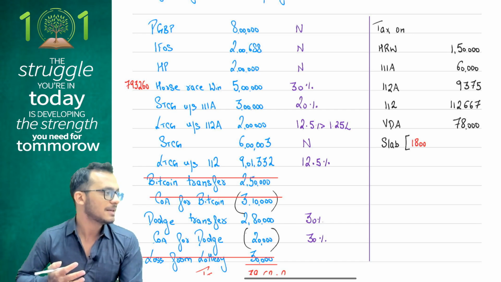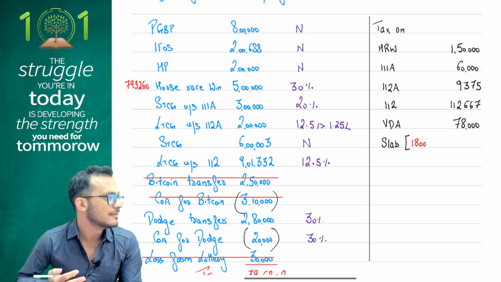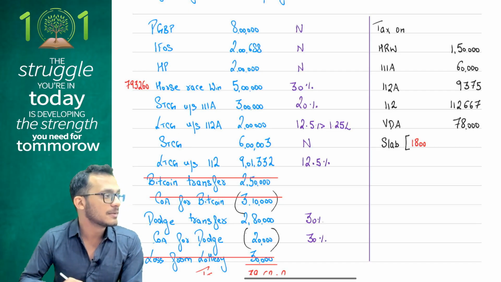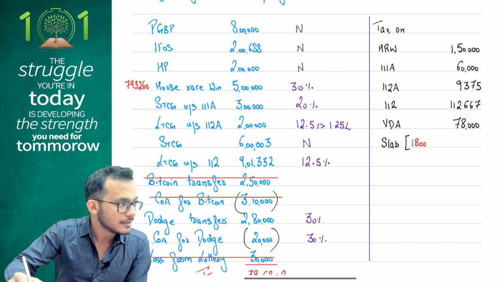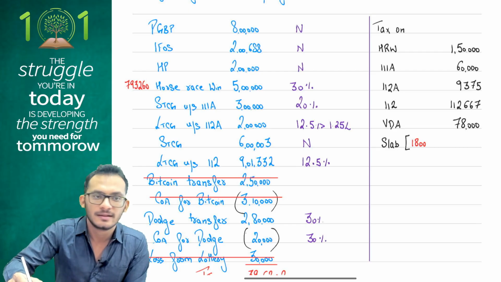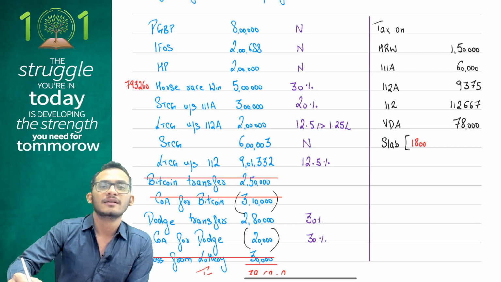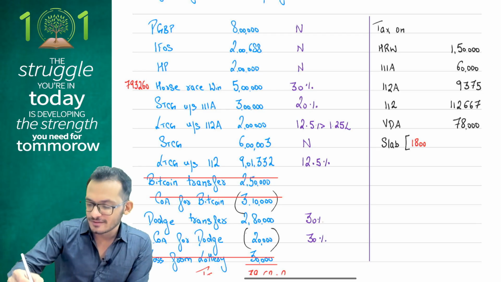Matches, good. Okay, slab number. What is the slab number? Slab 18 lakh, 691. Everyone got the same answer? Very good. Take out your red pens.